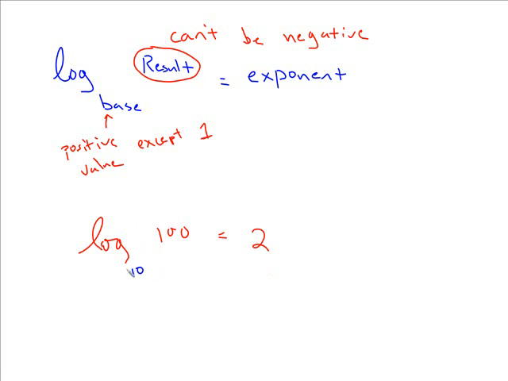So anytime they don't give you the base, it's okay to assume that means they're telling you it's base 10. It's up to you to write the 10 if you want, but in the book, if they just write log and they don't give you a number, you can assume that there's an imaginary 10 there.